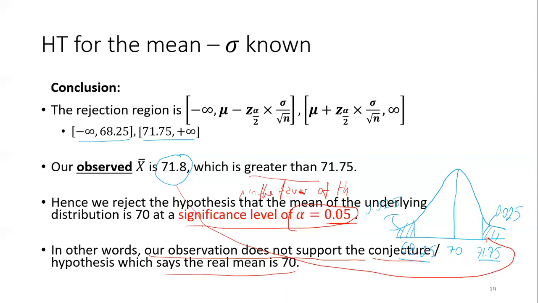If the average lifetime of people in Turkey is 70, then it's very unlikely that you have a sample of 100 people whose average lifetime is 71.8. Hence, we reject the hypothesis, okay? Now, in the next video, we will talk about standardizing this hypothesis testing.